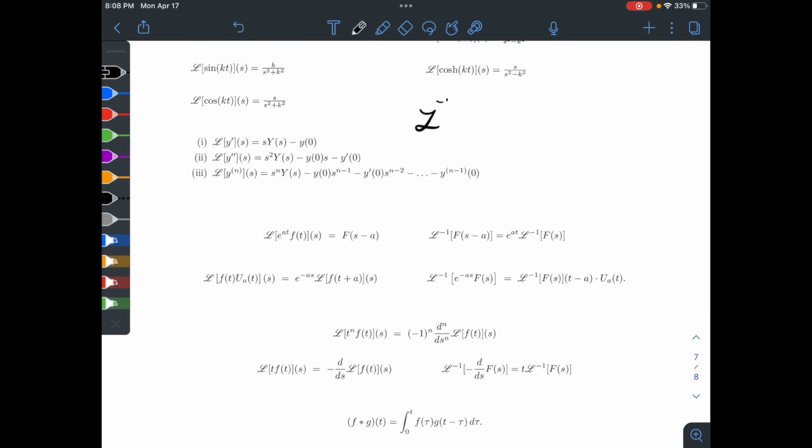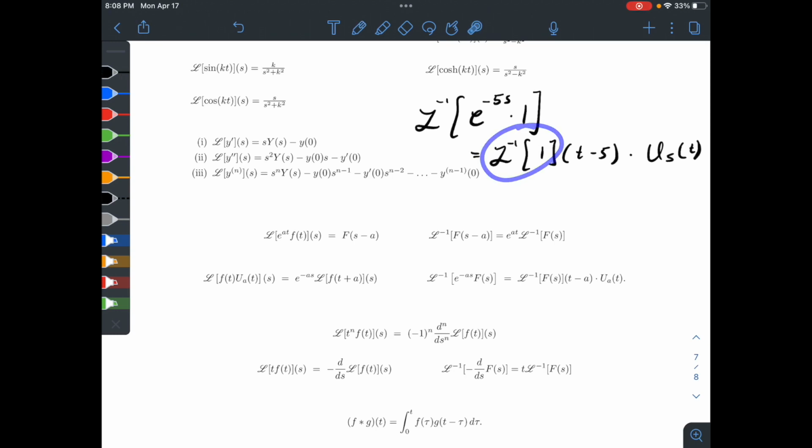So L inverse of e to the negative 5s times 1, right? It's not really times anything, so it's technically times 1. So this is L inverse of whatever your f of s is, but evaluated at t minus a, like a composition. We do L inverse of 1, but then plug in t minus 5, and then times u sub 5 of t.